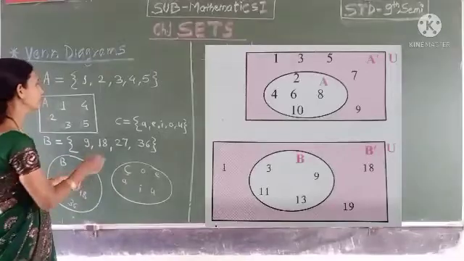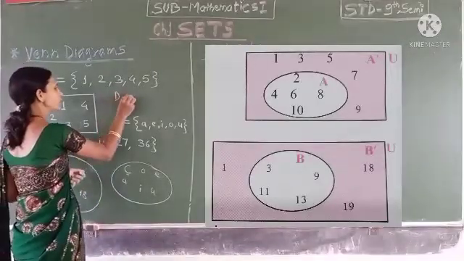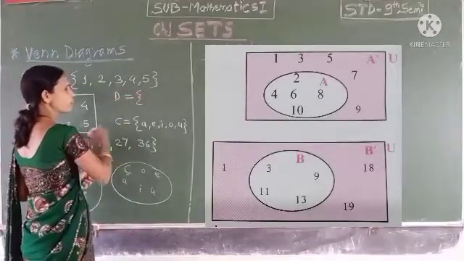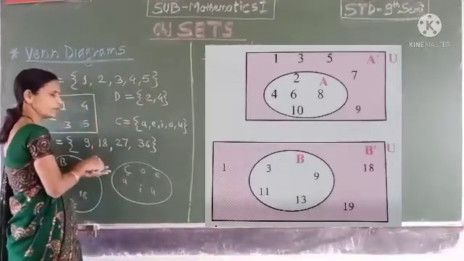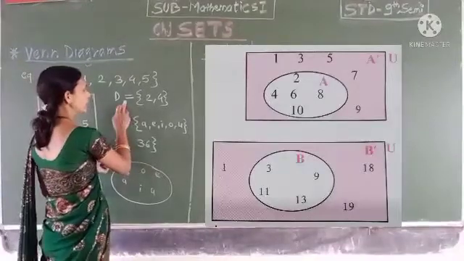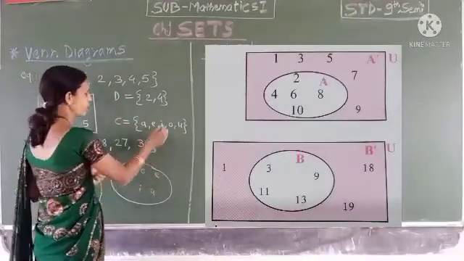If there is one more set, D is a set of 2 and 4, then we can draw that set by a Venn diagram.